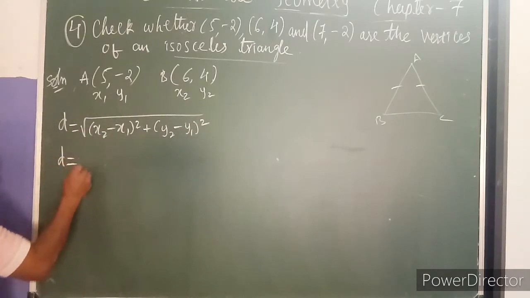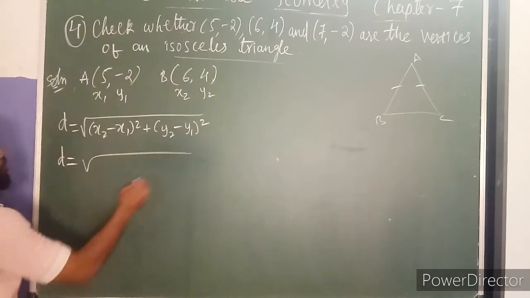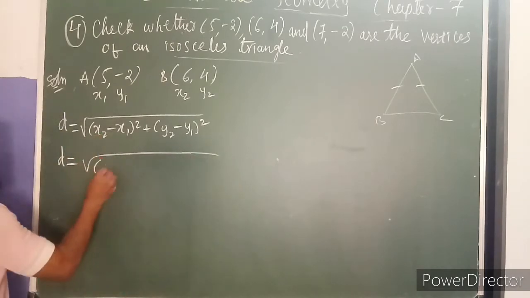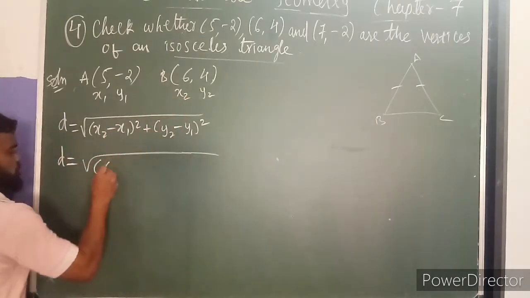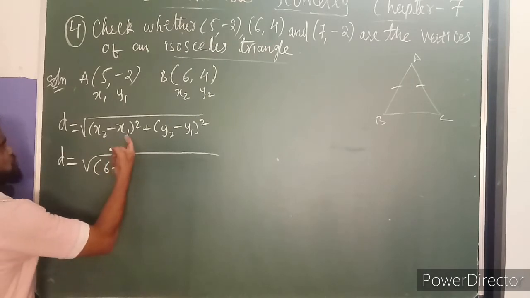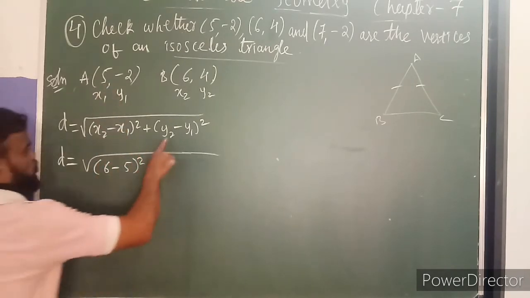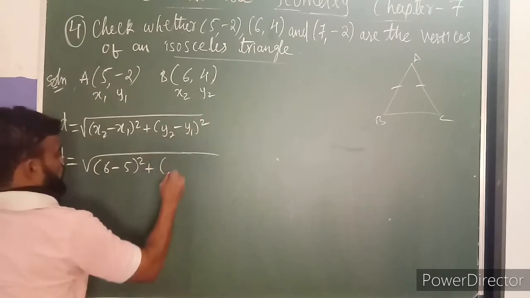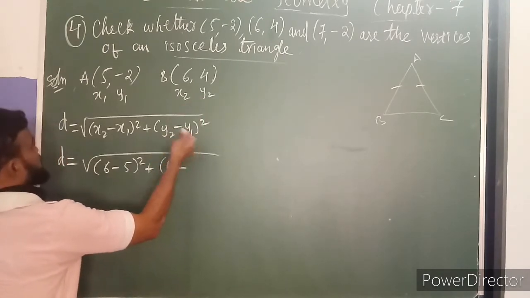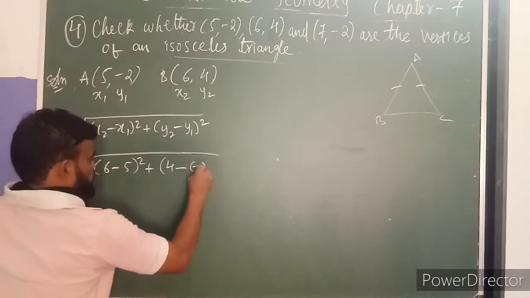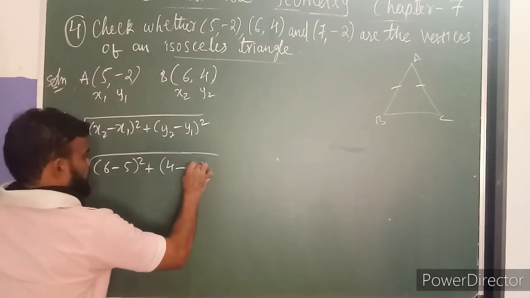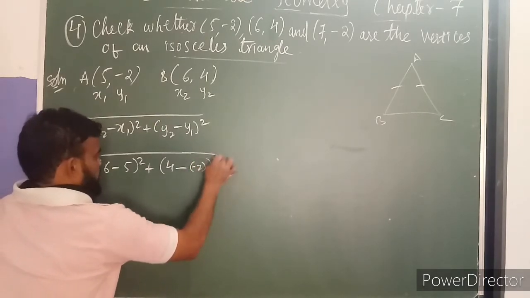According to the distance formula, x2 is 6 minus x1 which is 5, whole square, plus y2 which is 4 minus y1 which is minus 2, whole square.